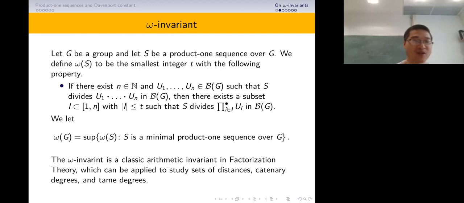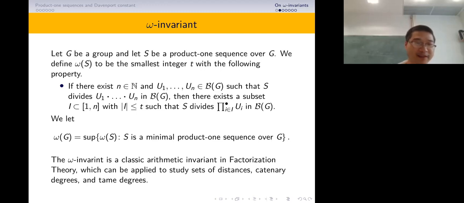And we let omega(G) be the supremum of all omega(S), where here we demand that S is a minimal product-one sequence over G. Here we demand that S should be minimal. Otherwise, if S is just a product-one sequence, the length could go to infinity, and then omega(G) would go to infinity.